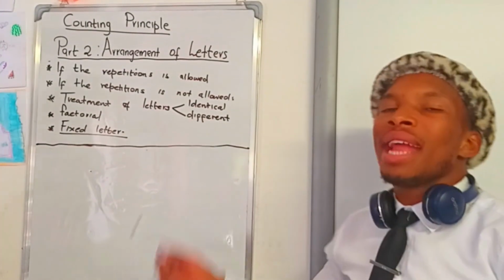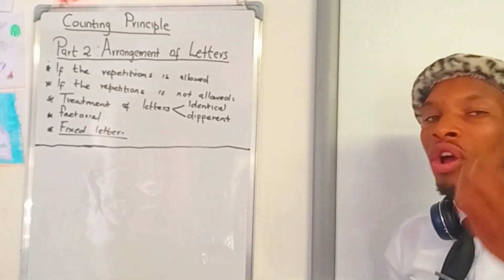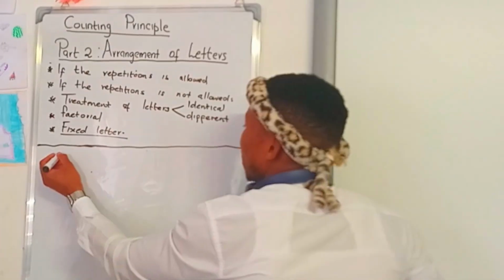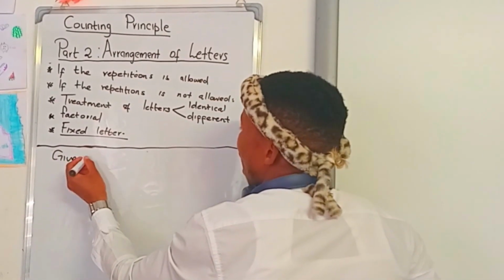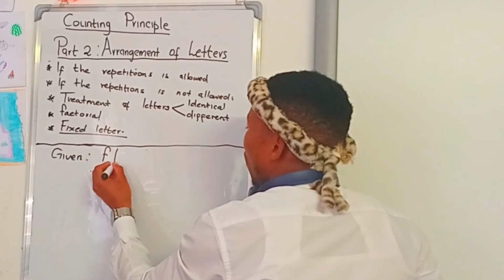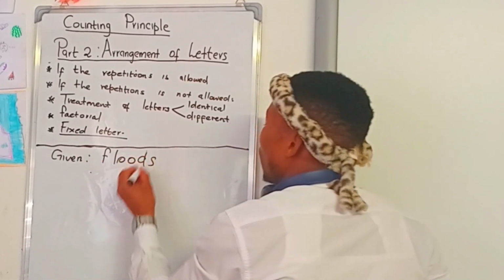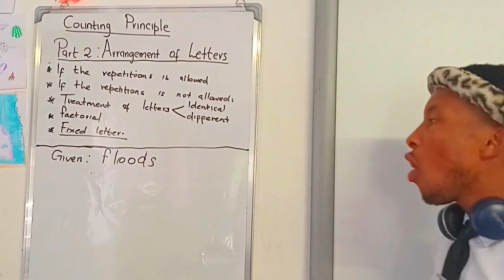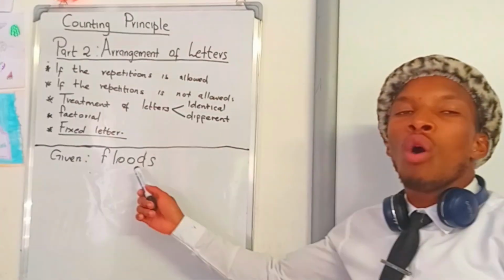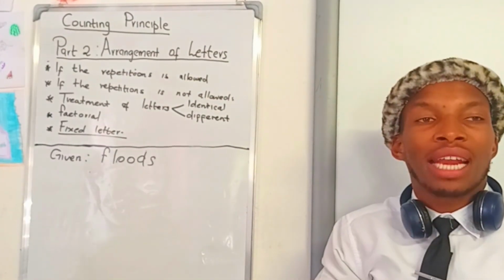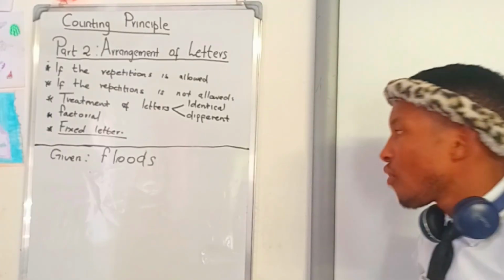This treatment applies only if the word has repetition of letters, for example, like FLOOD. If you have a word like that, you see that O is repeated, it has 2 O's here, so we have letters that are repeated and the same.